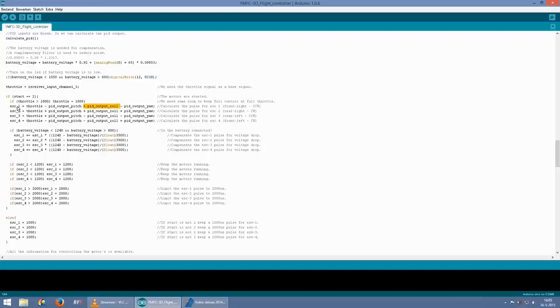Now the same goes for the pitch. When the nose of the multicopter goes down, the gyro senses a negative pitch angle and the output of the PID pitch controller is negative. By subtracting the PID pitch controller output, the motor RPM is increased. The second ESC is on the rear right.